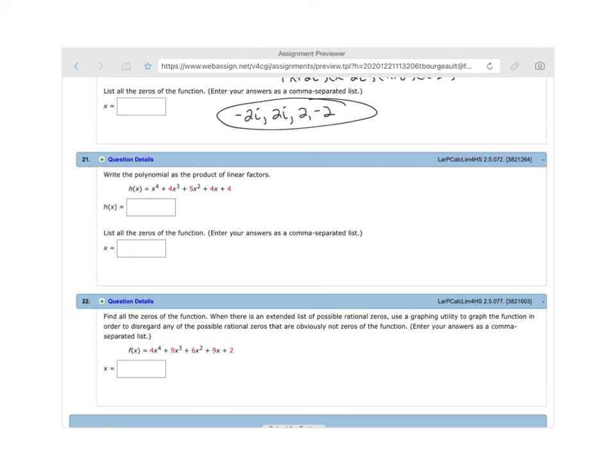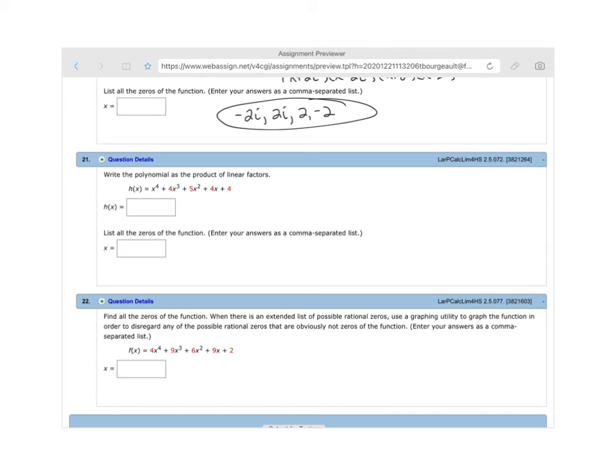And we're going to do 1, 4, 5, 4, 4. And I'm left with x cubed plus 2x squared plus 1x plus 2.